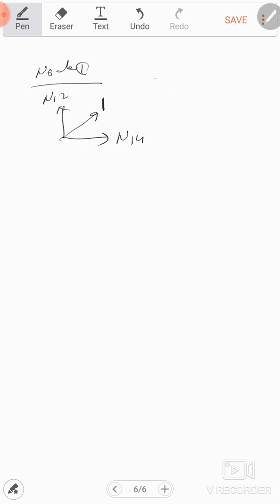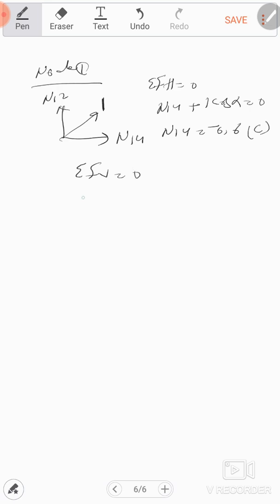So summation FH equals 0, N14 plus 1 cosine theta equals 0, N14 equal minus 0.6. Minus, that means compression. Okay. Then summation FV equals 0, N12 plus 1 sine theta equals 0, N12 equal minus 0.8. This is also compression.